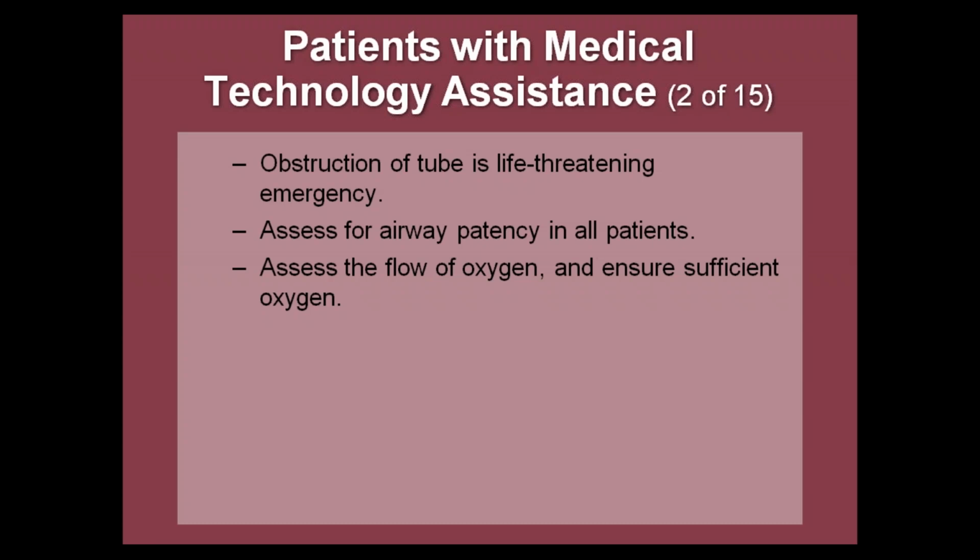So you want to make sure that they're getting good flow and understand how to suction the airway if you need to suction. In your book, apparently the suctioning and cleaning of a tracheostomy tube is in the steps in skill drill 38-1. It'd be a good one to learn.